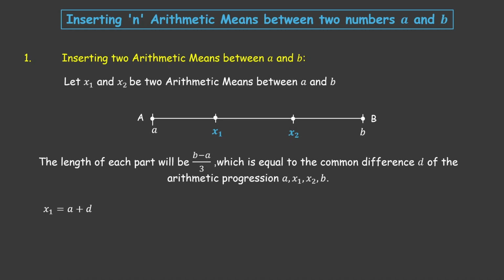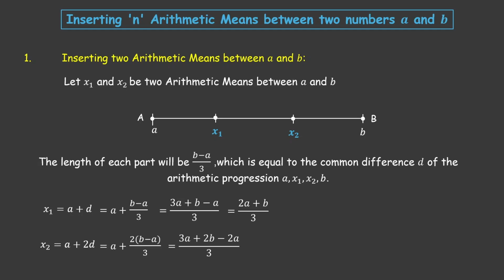The first term plus the common difference, which is a + (b - a)/3. That's (3a + b - a)/3, which is (2a + b)/3. Now let us find x2, which is a plus 2d, right? That's a + 2(b - a)/3, and this is (a + 2b)/3.